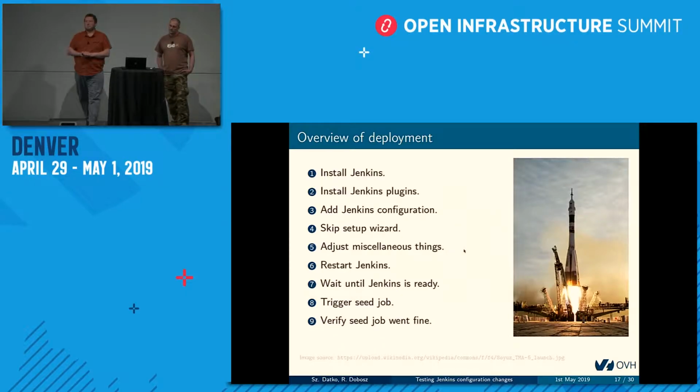And so here we propose a simple deployment procedure for Jenkins, which will ensure that both JCasC and Job DSL configuration is correct. In the big picture, it looks like this. We simply install Jenkins first with plugins, and then we take care of the configuration.